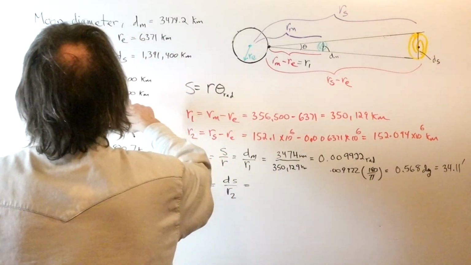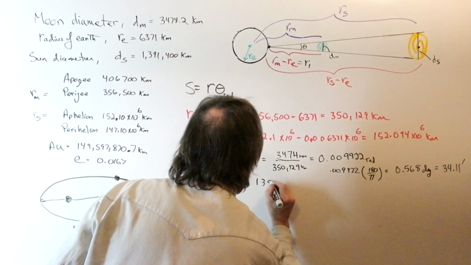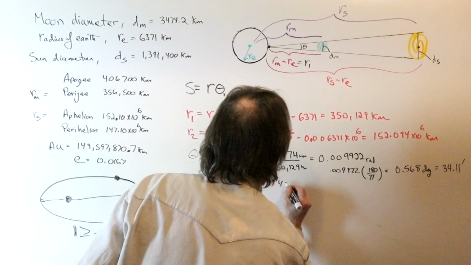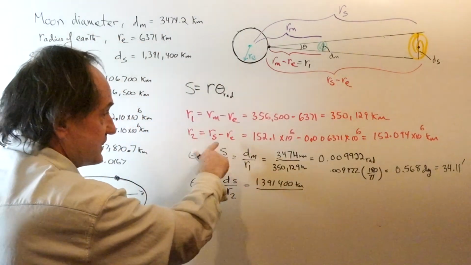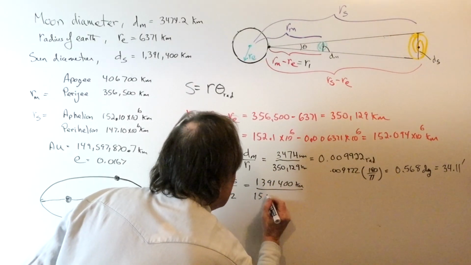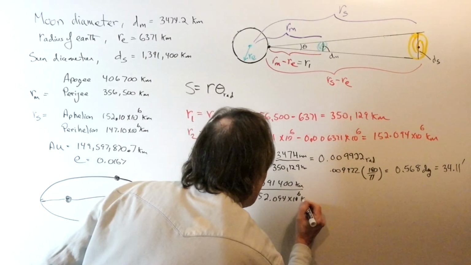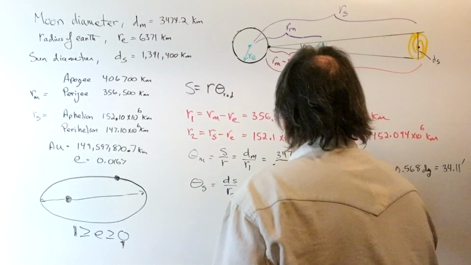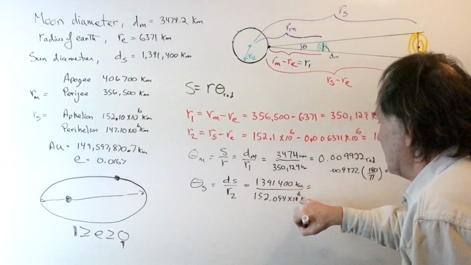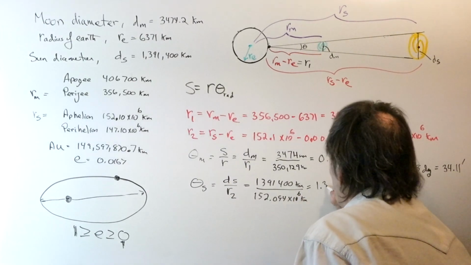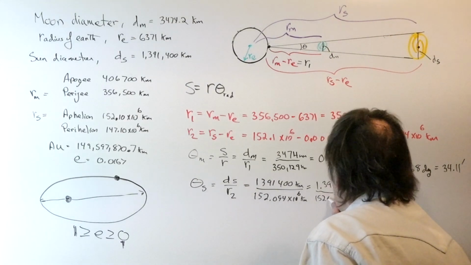The diameter of the Sun is 1,391,400 kilometers, and we divide by the distance, which is R2, which is 152.094 times 10 to the 6 kilometers. So, working this out, this is 1.391 divided by 152.09.